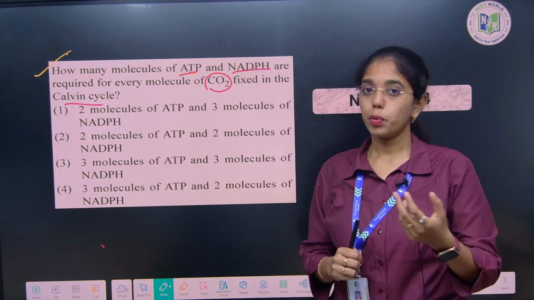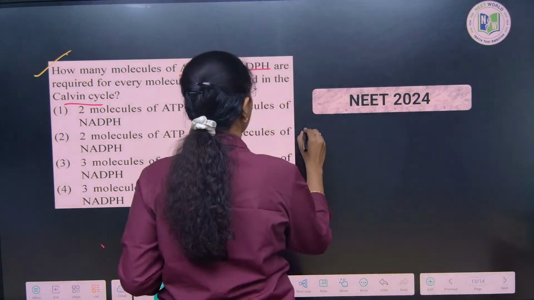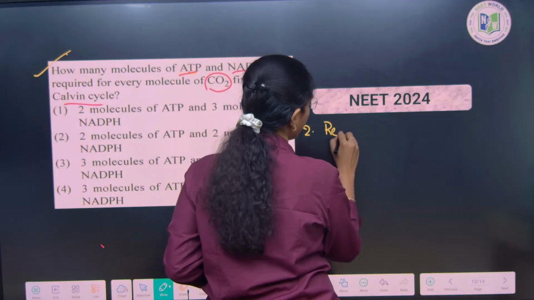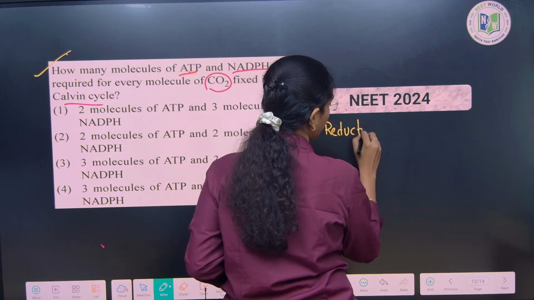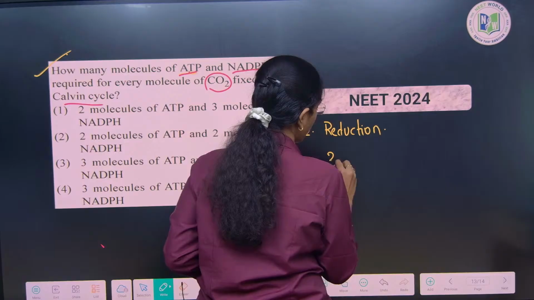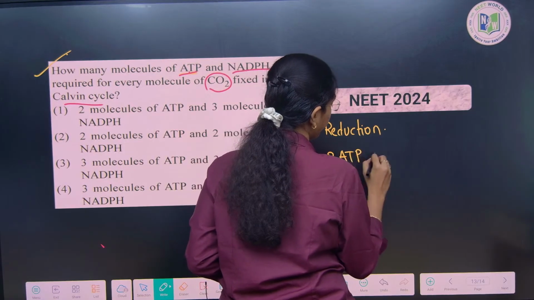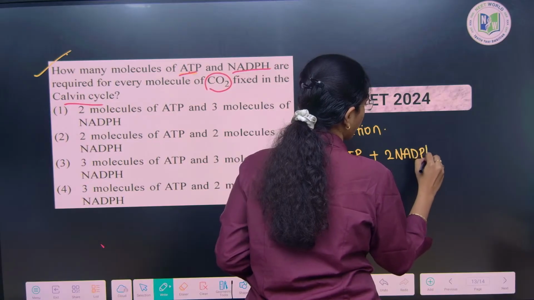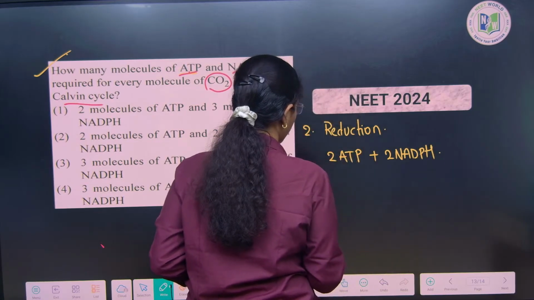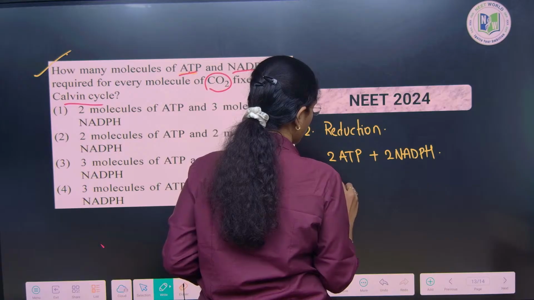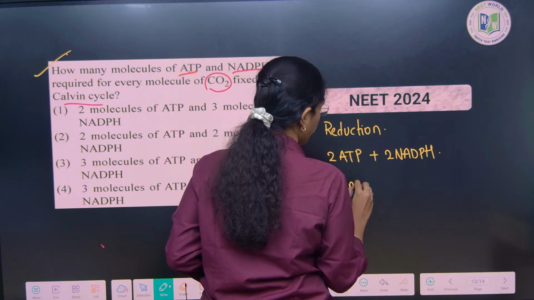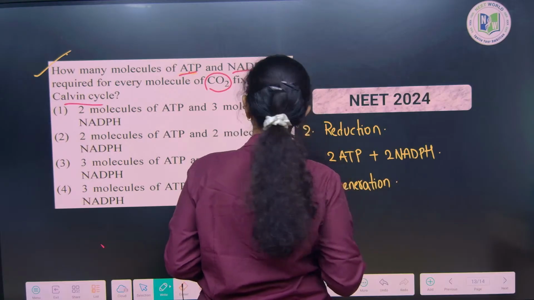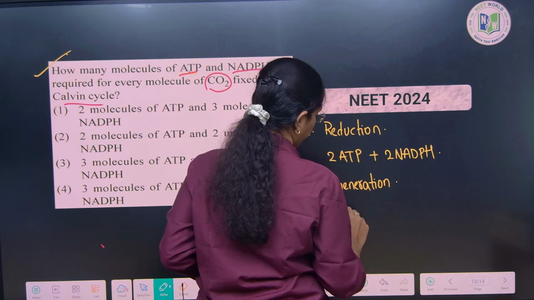We have learnt clearly that in the second step of the Calvin cycle, that is in reduction, it requires 2 ATP and 2 NADPH. Third, for regeneration, it requires 1 ATP.